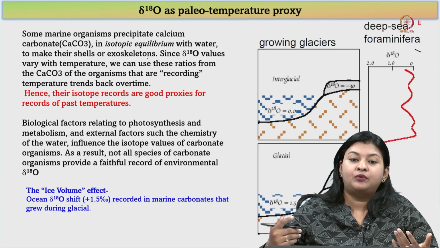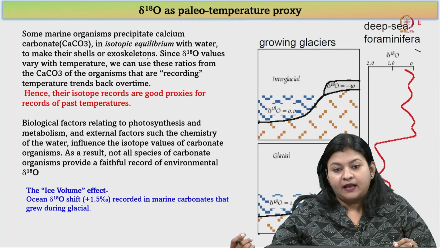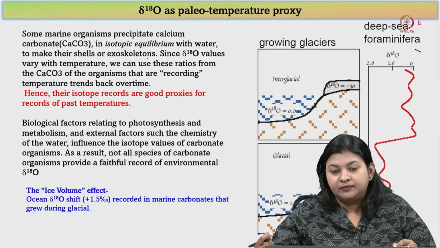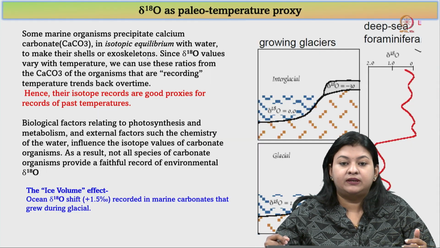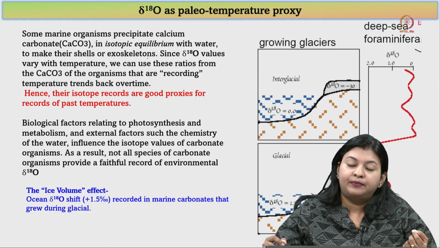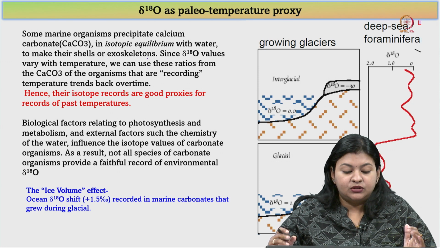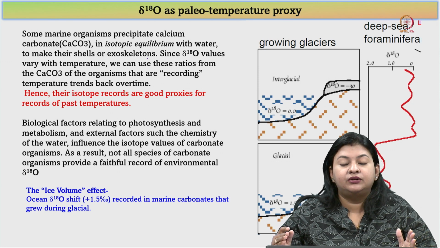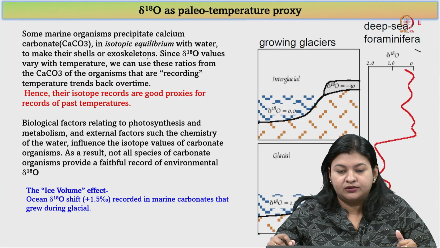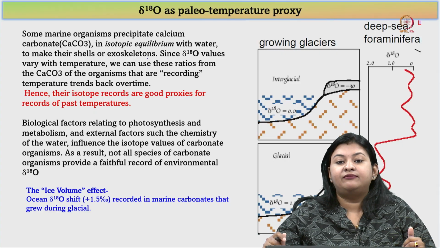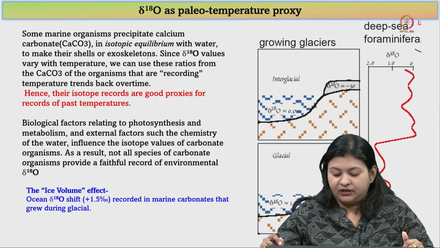From the marine deposits, if we take the carbonates, date them, and do the delta 18O, with some corrections we can find out what the temperature was in those oceanic conditions, that is, how the past ocean has changed its temperatures. So, it is a very robust proxy for paleo temperature determination.